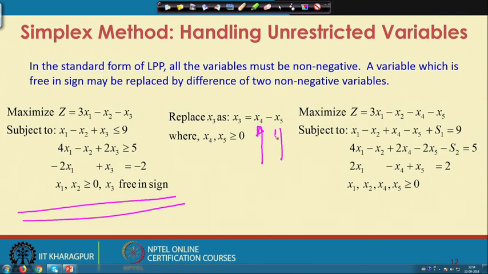Both x 4 and x 5 are greater or equal to 0. Then x 3 is replaced as x 4 minus x 5. So, everywhere in the objective function and in the first, second and third constraints, we replace x 3 as x 4 minus x 5.